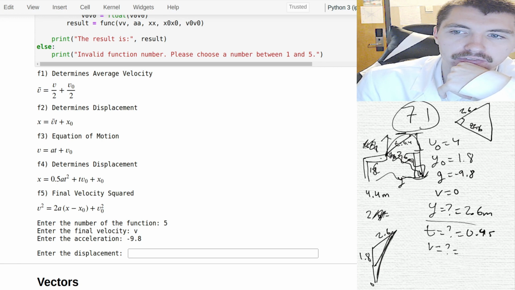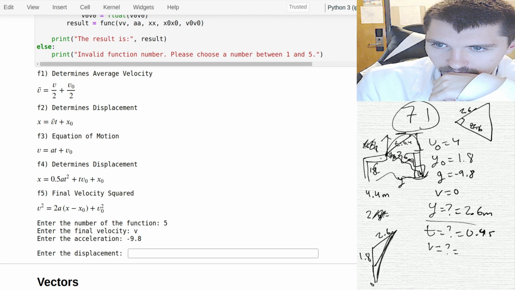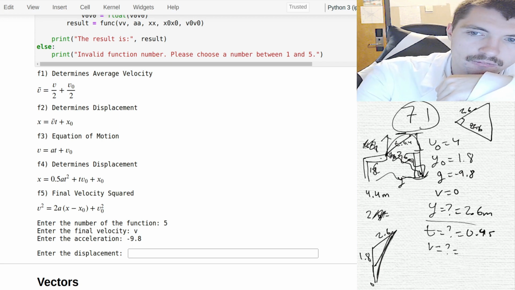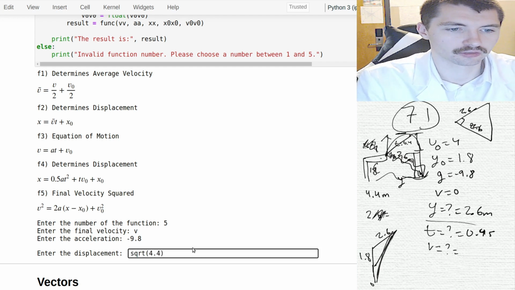Solving for final velocity. Let's try square root 4.4.